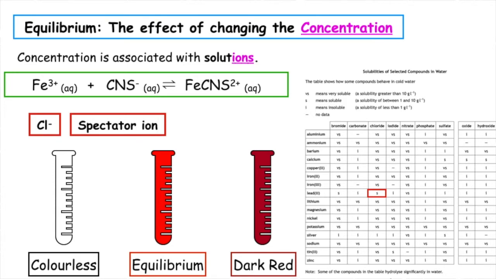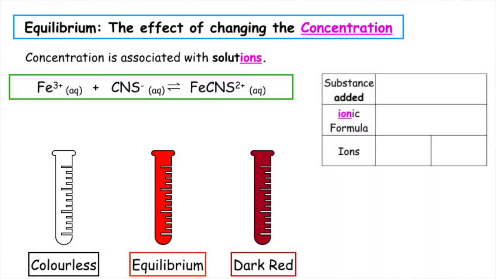So the next substance that I'm going to add to see the change in the position of the equilibrium is KCNS. I need to change that into the ionic formula so that I can identify the two different ions that could be making a difference to the position of the equilibrium. So I've got K+ and CNS-.